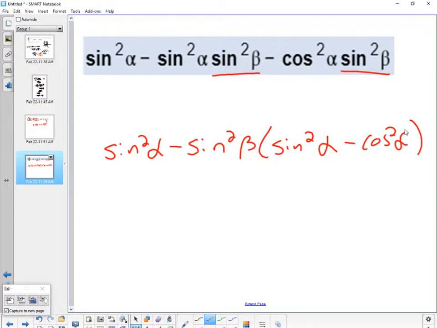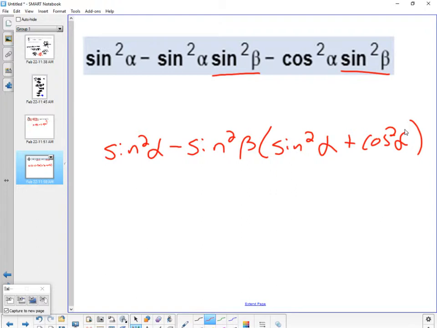Right? I took out the sine square beta. That would make sense. Well, I factored out sine squared, so that gives me a plus here, doesn't it? So what does this become? That becomes 1. And I'm done.